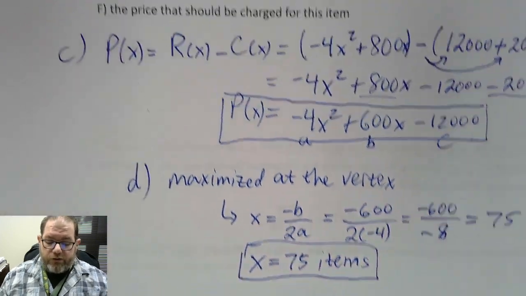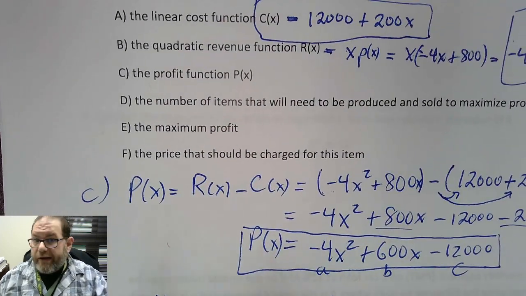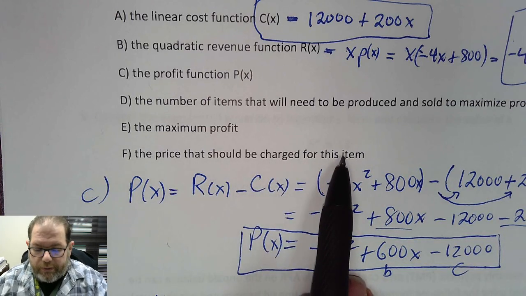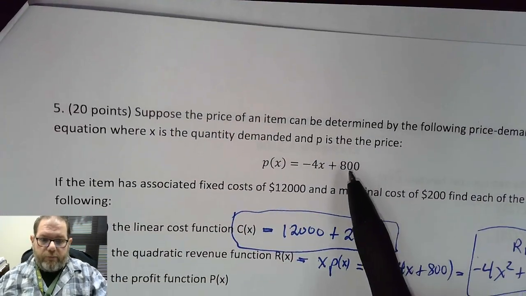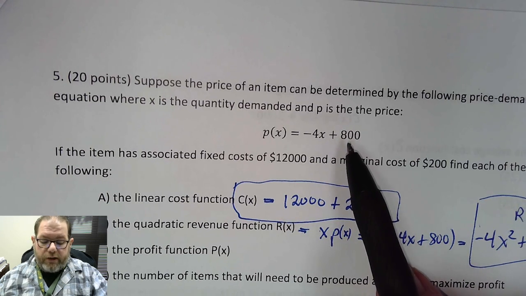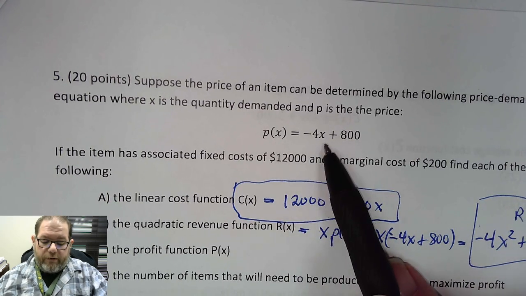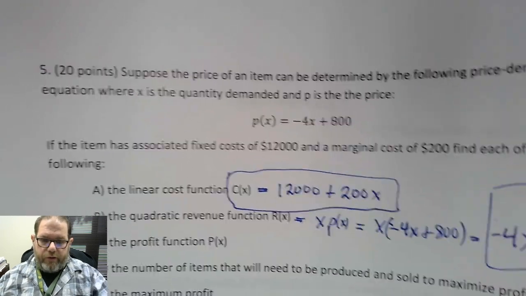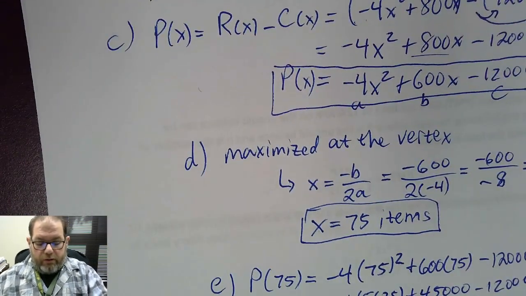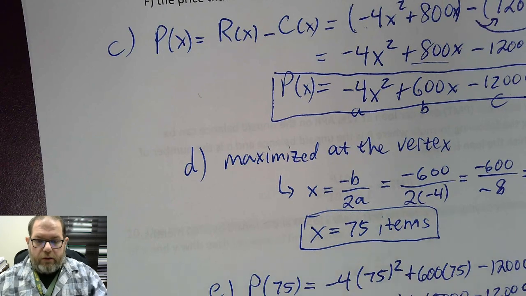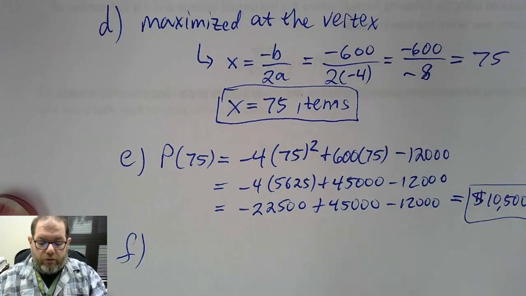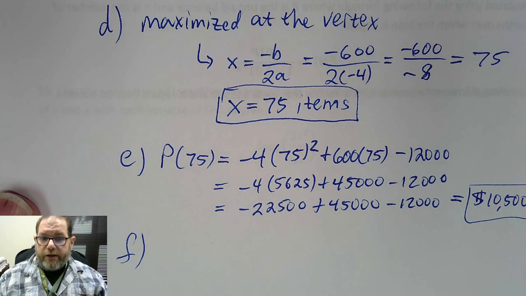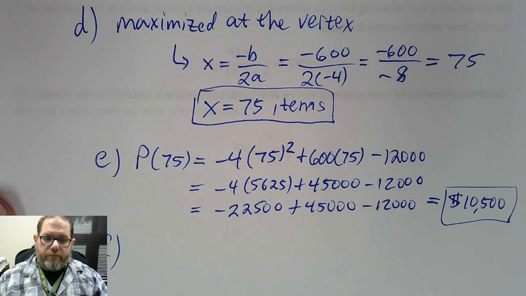So the last question they ask us, or that I ask you, I wrote this question, is the price that should be charged for this item. Well, now we go back to our price function that we first looked at. Little p of x is negative 4x plus 800. Now, we already discovered in part D that it's going to take 75 items to realize a maximum profit.